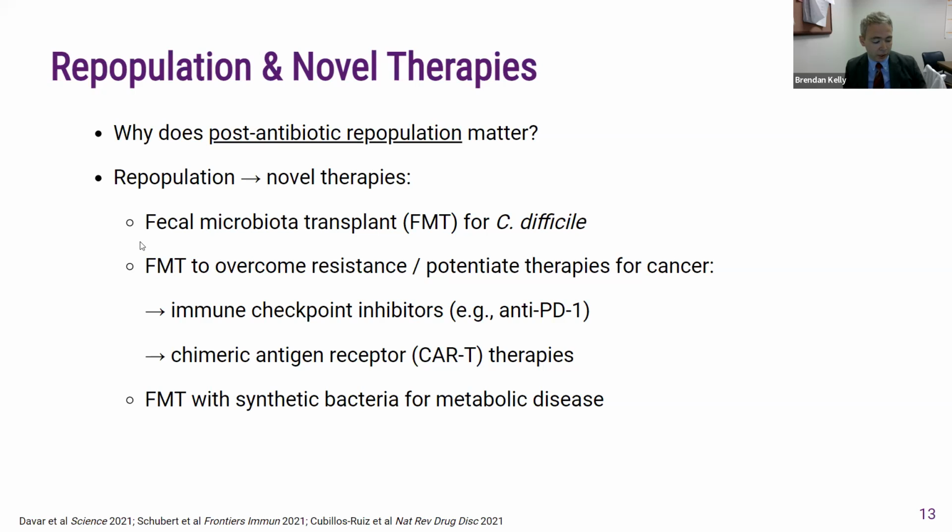This is getting a lot of attention and follow-up investigation right now. There's also a little bit of data, mostly in animal models at this point, that FMT can be a powerful tool to potentiate response to chimeric antigen receptor, or CAR T, therapy for cancer as well. So this immune gut microbial interaction is another reason we should really care about antibiotic repopulation.